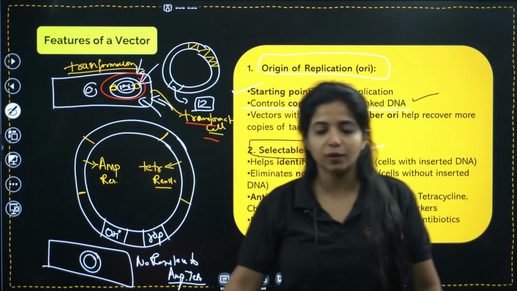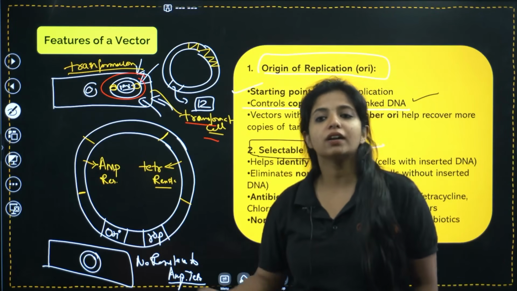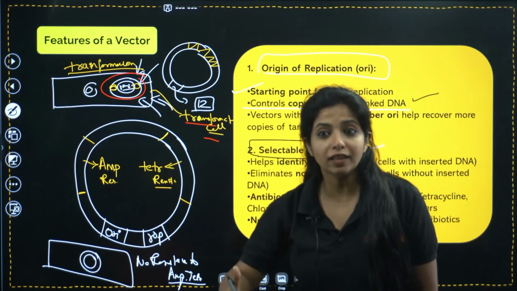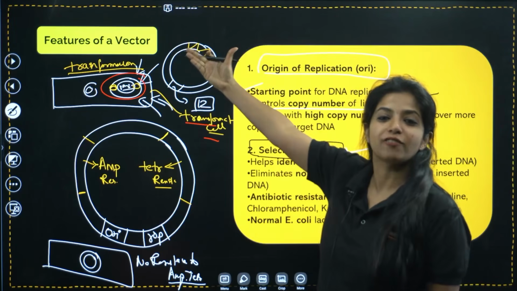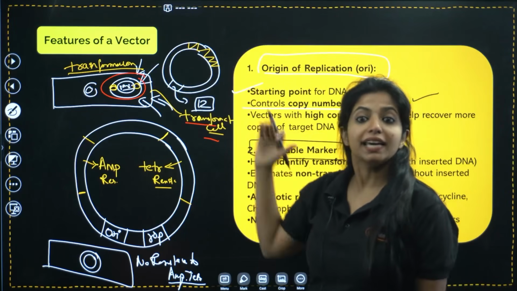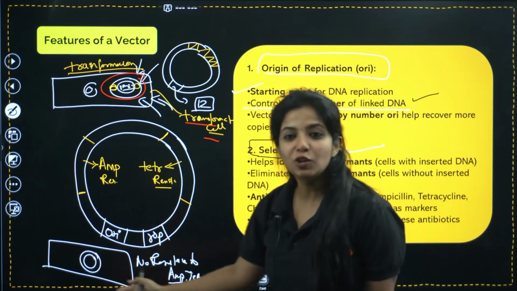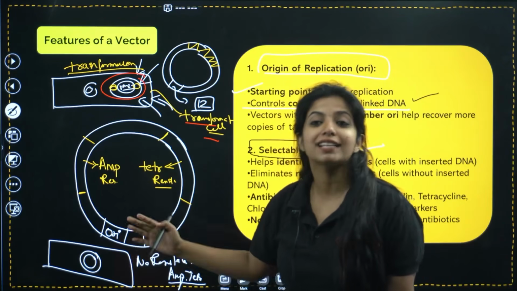Now how do I understand which one is transformed and which one is not? Which one is a normal cell? I just grow them in a medium that has ampicillin or tetracycline. If they are able to live in that medium, it means that they have undergone transformation. If they are dying, it means that there is no new plasmid out there, no transformation has taken place.